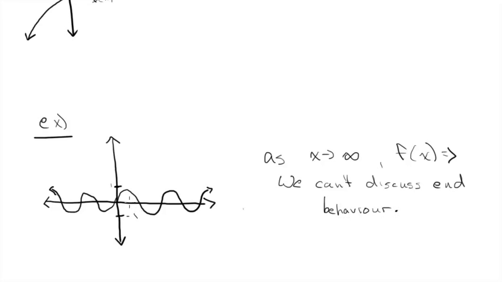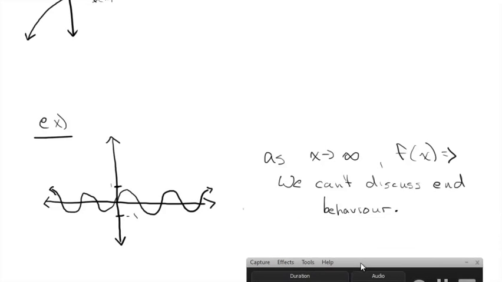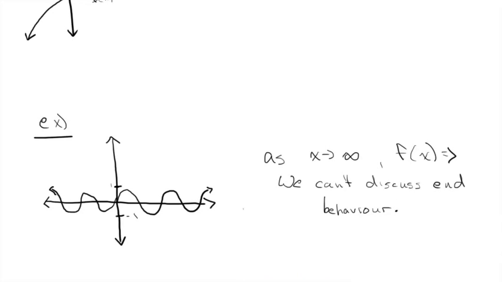So if it's oscillating like this for a trig function, then you wouldn't talk about end behavior. In a sense, you could say there is no end behavior. Although I suppose there is, but it's not a specific number, and it's not infinity.